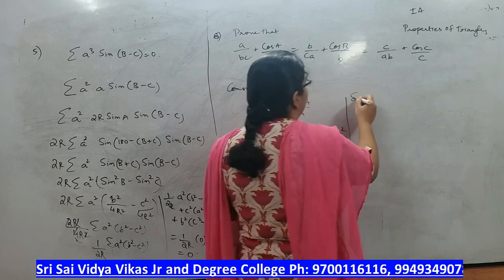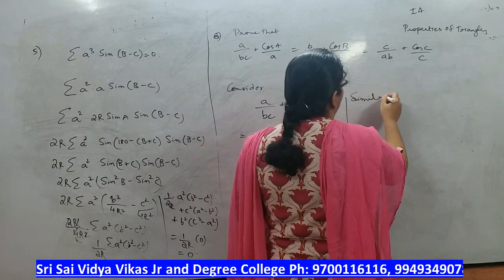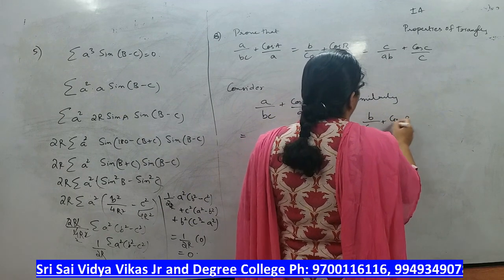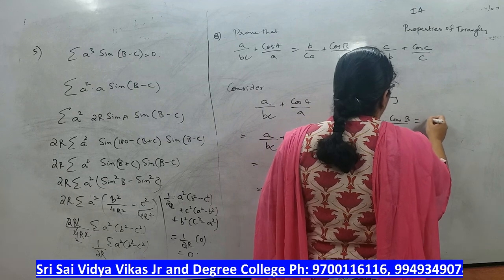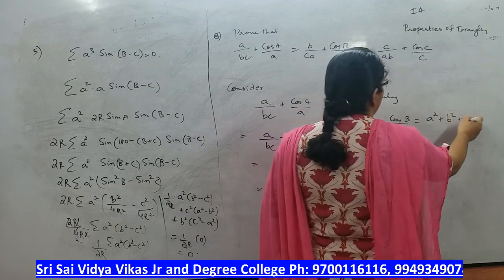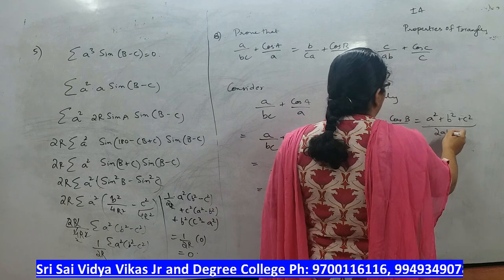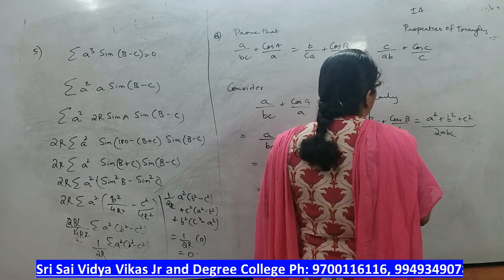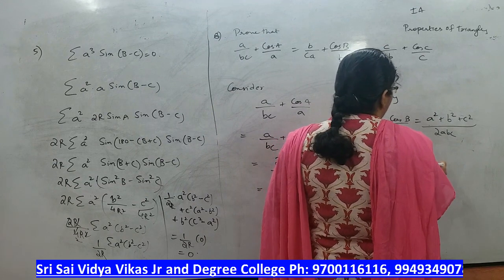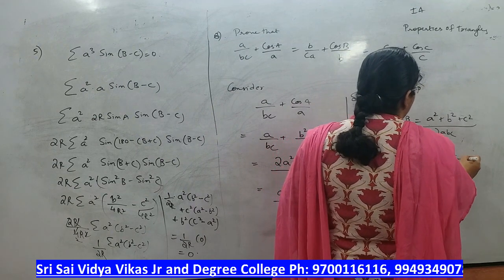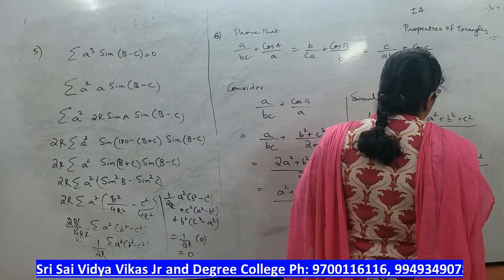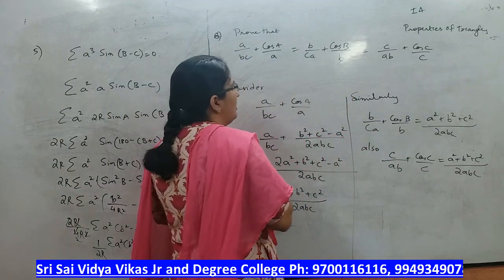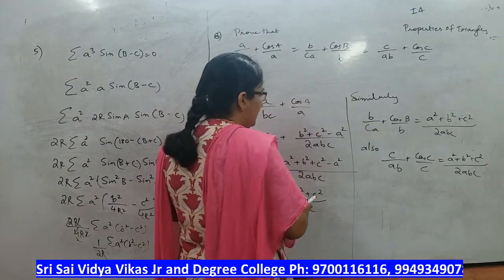Similarly, b by ca plus cos B by b is equal to (a square plus b square plus c square) by 2abc. Also, c by ab plus cos C by c is equal to (a square plus b square plus c square) by 2abc. Just like you have proved this one, you can prove this one and this one are equal to this one.